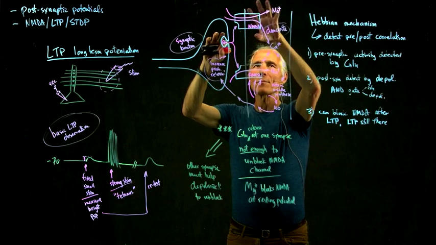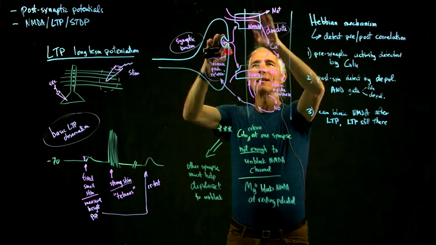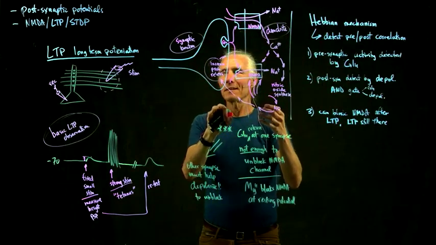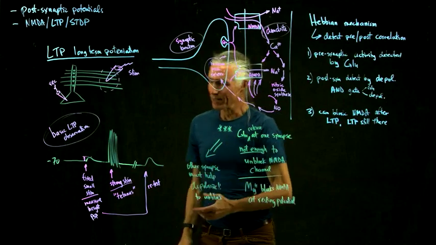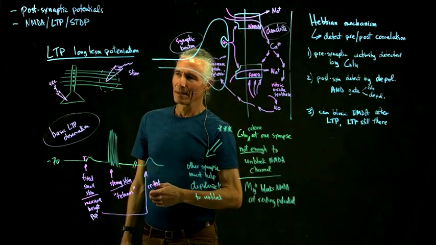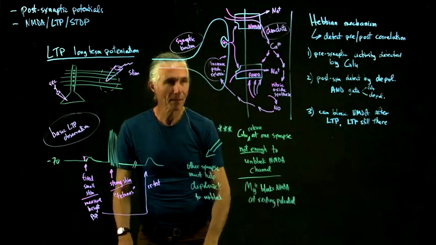If those two things are present, depolarization indicating this guy's active, glutamate indicating this guy's active, then you'll let in some calcium. The calcium will do its thing, and then afterwards, 1 second later, you'll have a strengthened synapse, which is sort of permanent, just permanently jacked up.